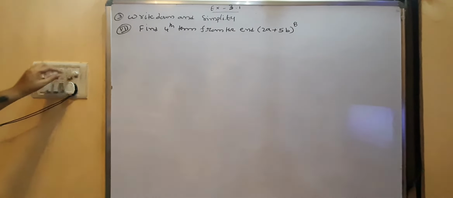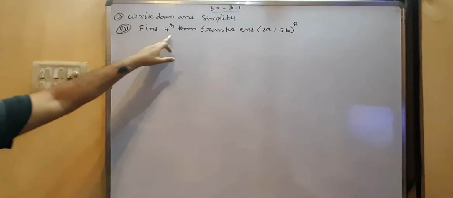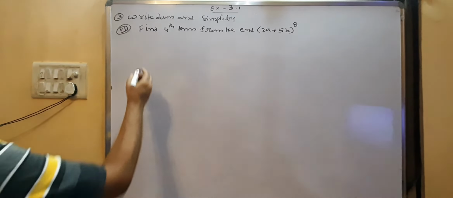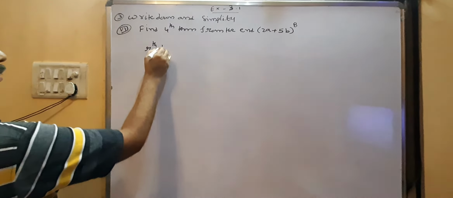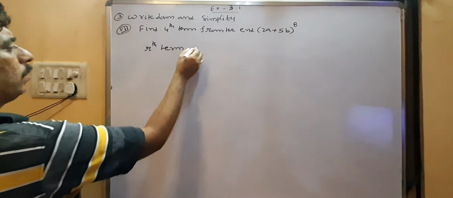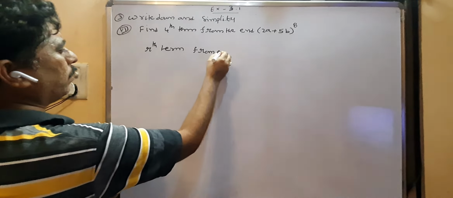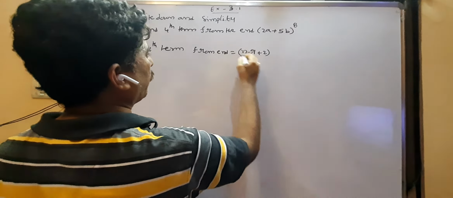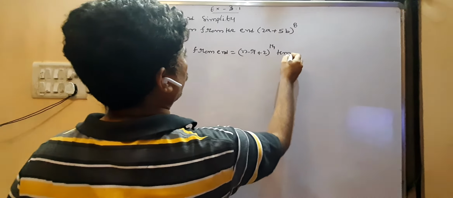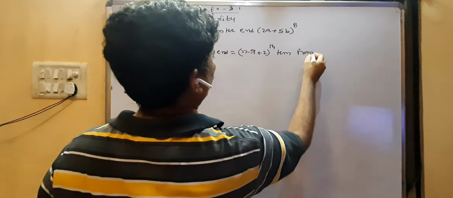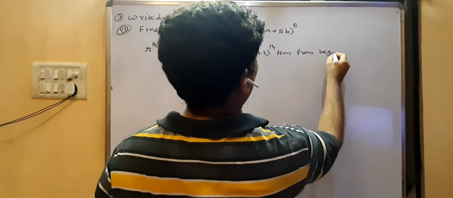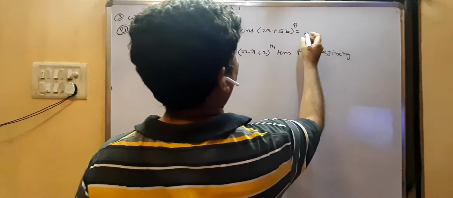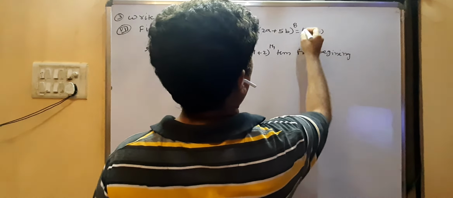Coming to the next question, 7th bit. Find the 4th term from the end. We know that rth term from the end is equal to n minus r plus 2th term from the beginning. So n is 8. It is in the form of x plus a whole power n.